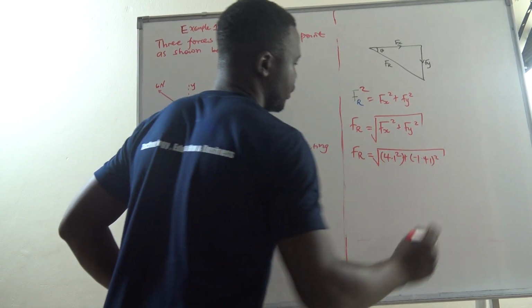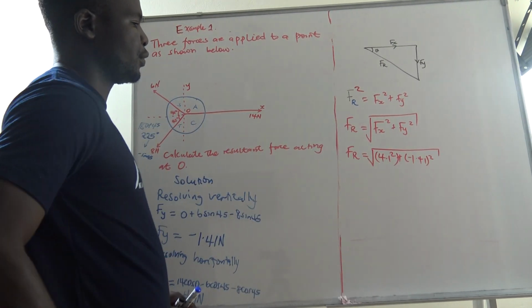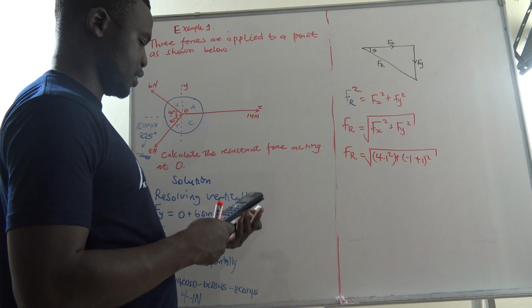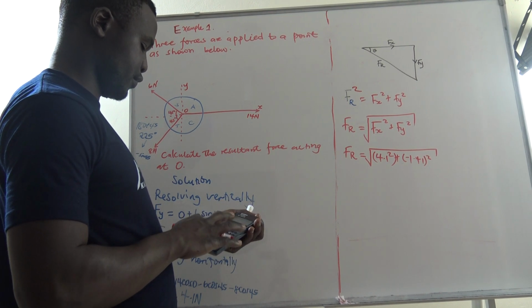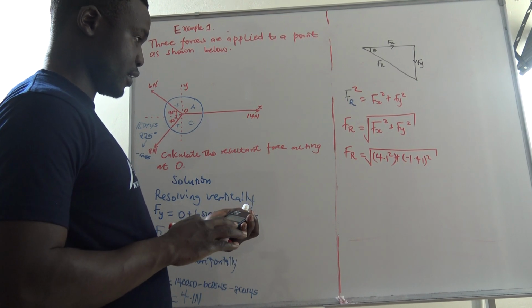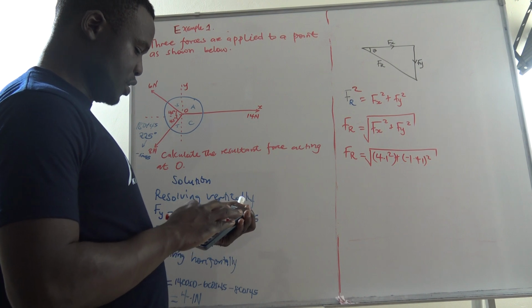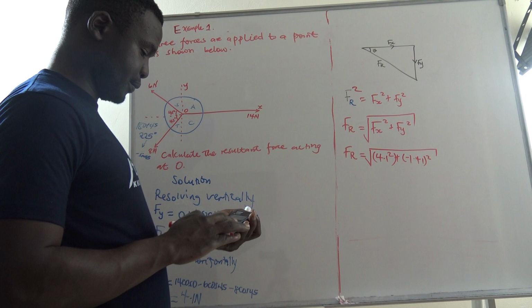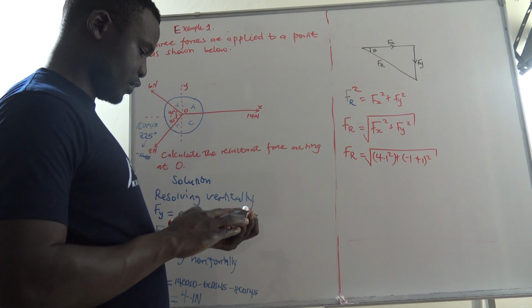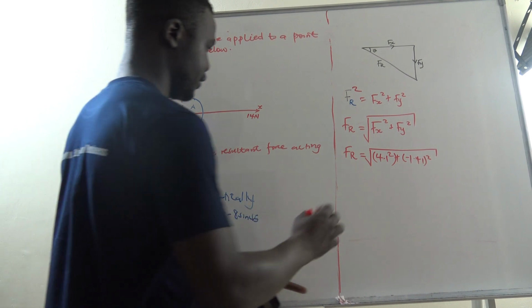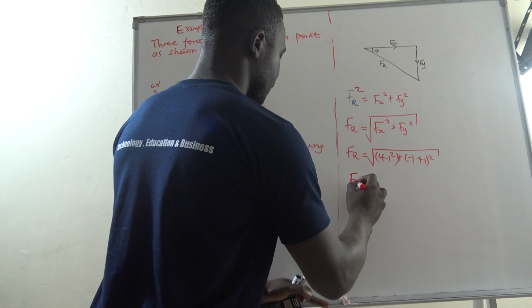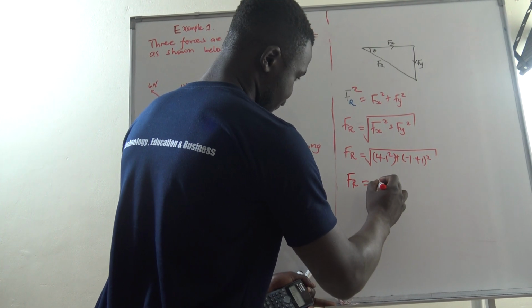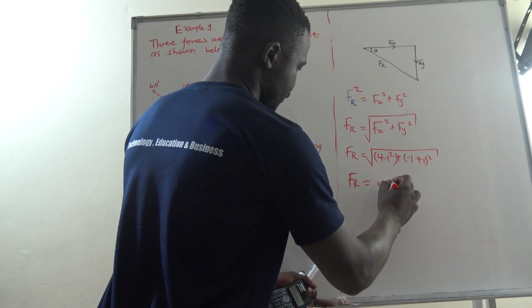So let us compute 4.1 squared plus minus 1.41 squared, root of the answer.